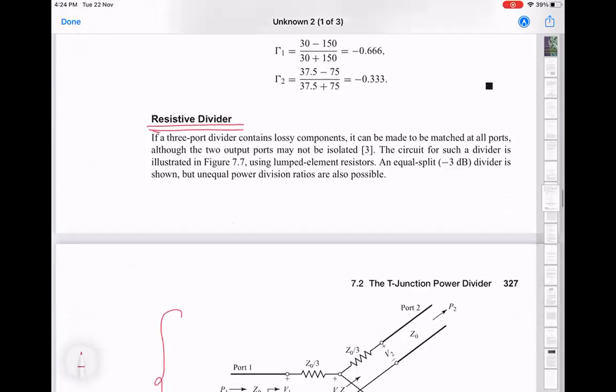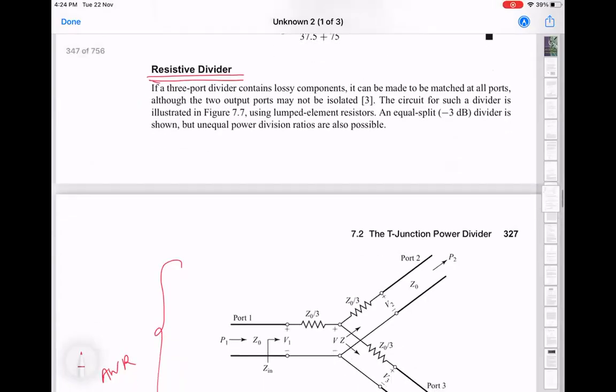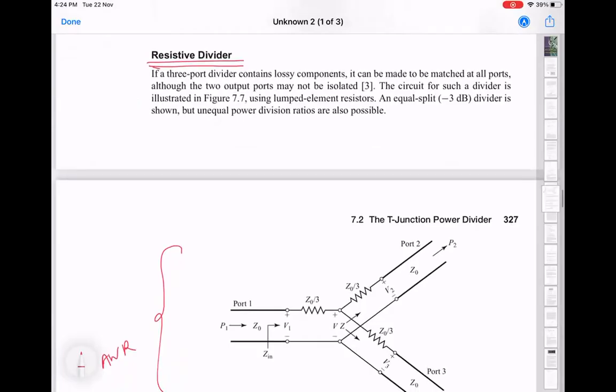So now let's look at this one in a little bit more detail. Okay. So this is a construction of the resistive divider. Now this figure can be slightly confusing. So let's see what actually, I'm going to redraw this in sort of a transmission line form, this coax picture.